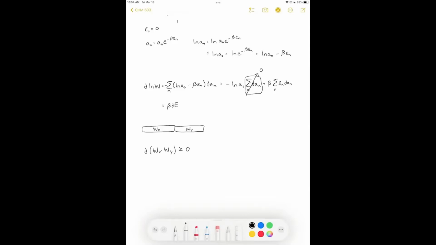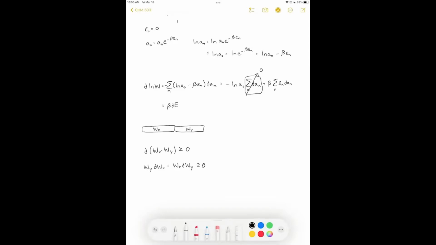So the change in the product of our two weights here is increasing as it goes to equilibrium. It's finding its new dominant distribution. We can evaluate this derivative as follows using the product rule. So we can say that the weight of state y times the derivative of the weight of state x plus the weight of state x times the derivative of the weight of state y is greater than or equal to 0.